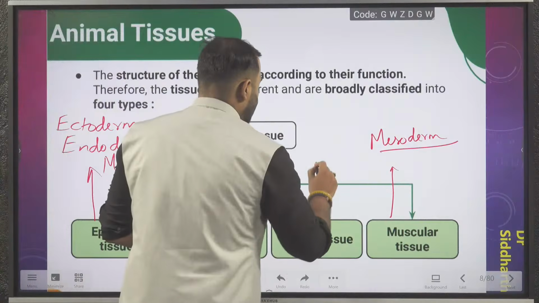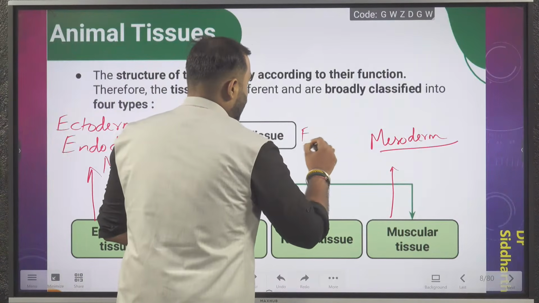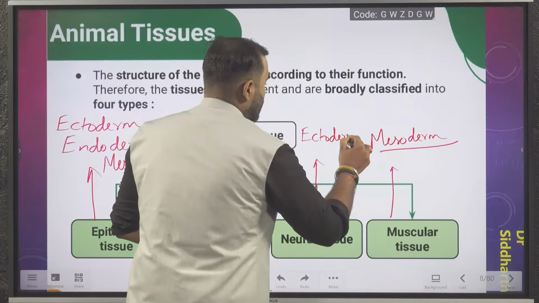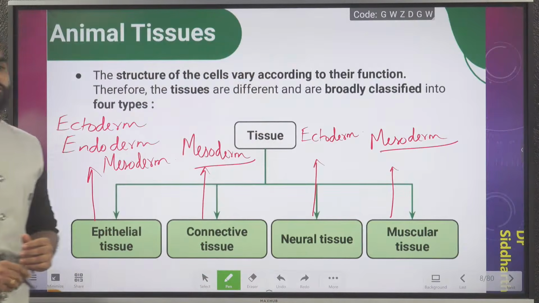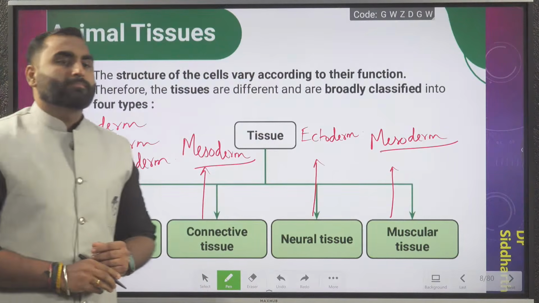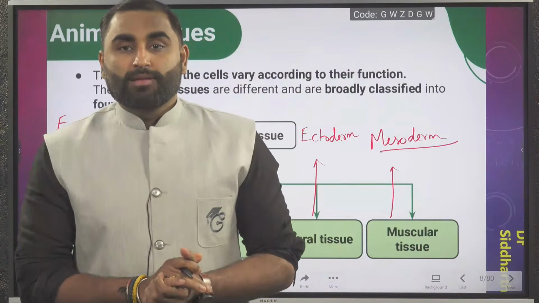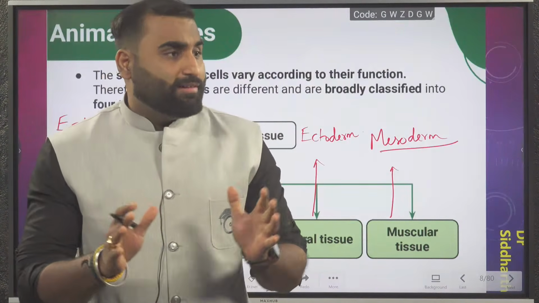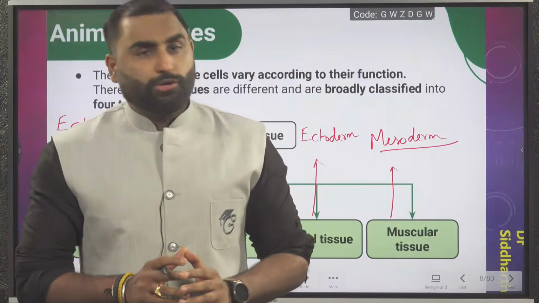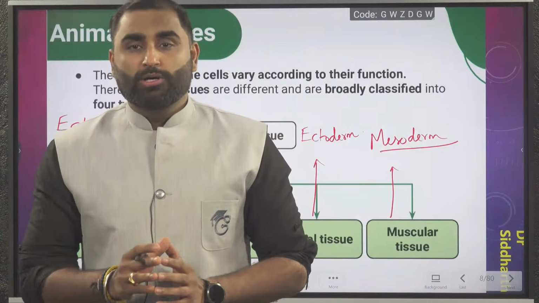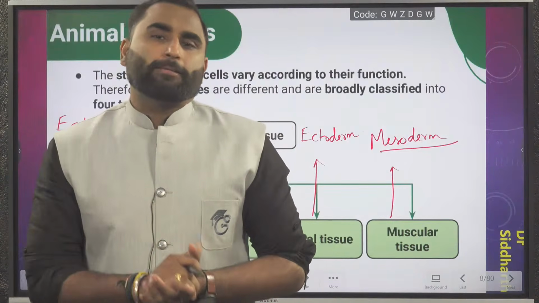The neural tissue is derived from ectoderm germ layer. And it is very important because on Sunday, when you are going to have an exam, we are going to ask you which tissue is derived from which germ layer.